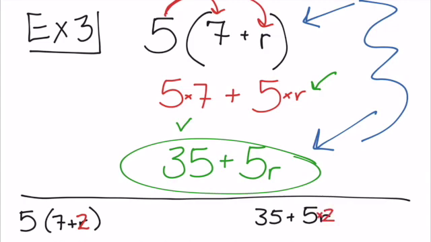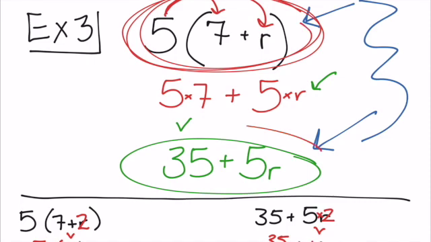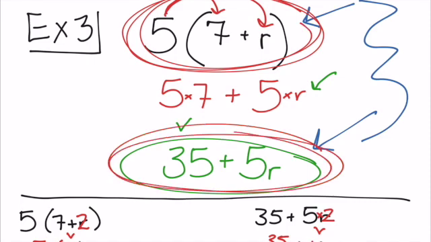So if I do Aunt Sally's business here, 7 plus 2 is 9. And I have 5 times that, and 5 times 9 is 45. Let's look over here. Here I have 5 times 2, which is 10. Bring down the plus and the 35. And 35 plus 10 is 45. They are equivalent. This expression gives you the same answer as this expression. That's why distributive property works.